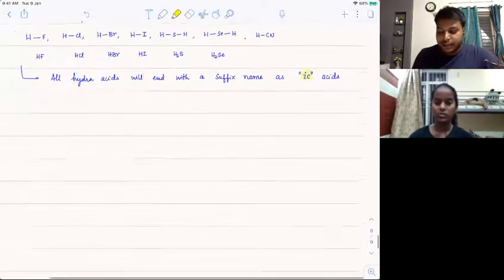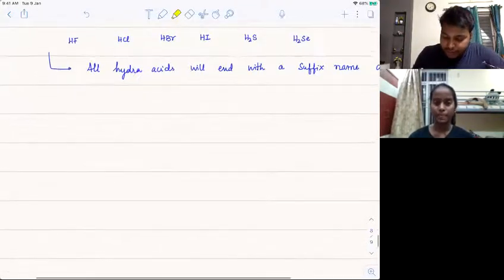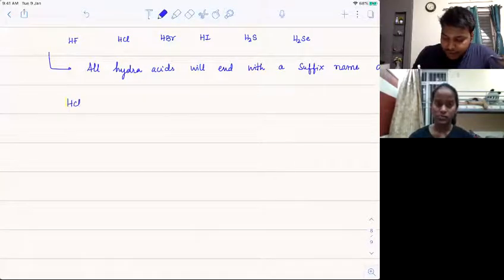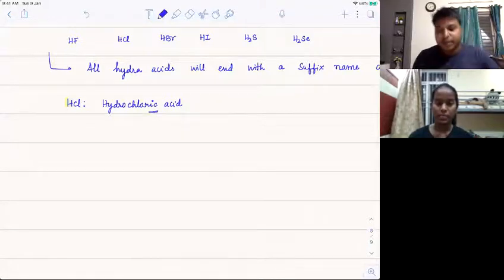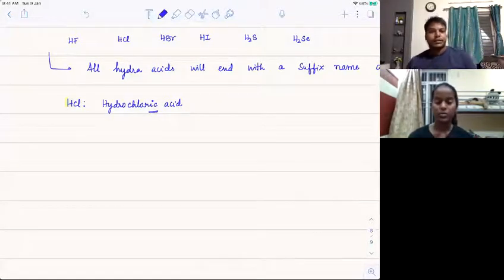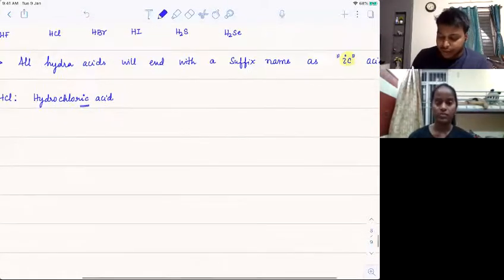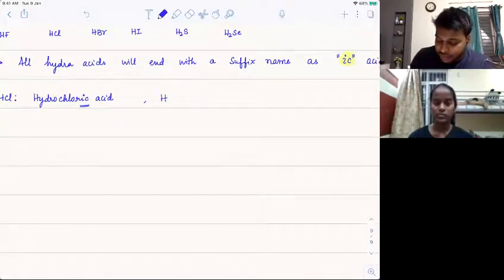Correct? Let me elaborate. Suppose you have HCl, what do we name it? This is named hydrochloric acid. So this family name will be continued. They are all ic acids. So you can guess what the name of HBr should be.